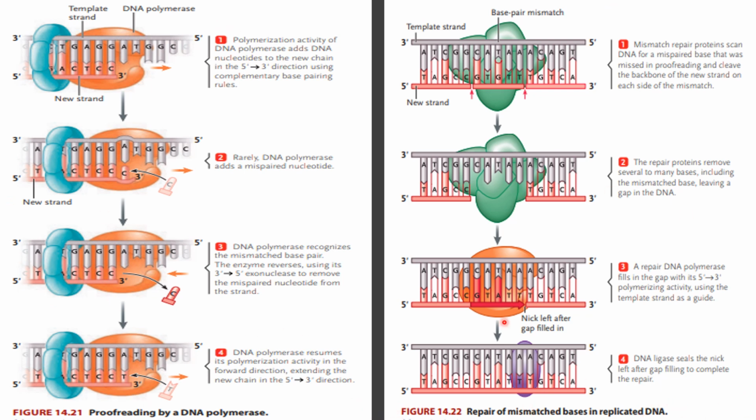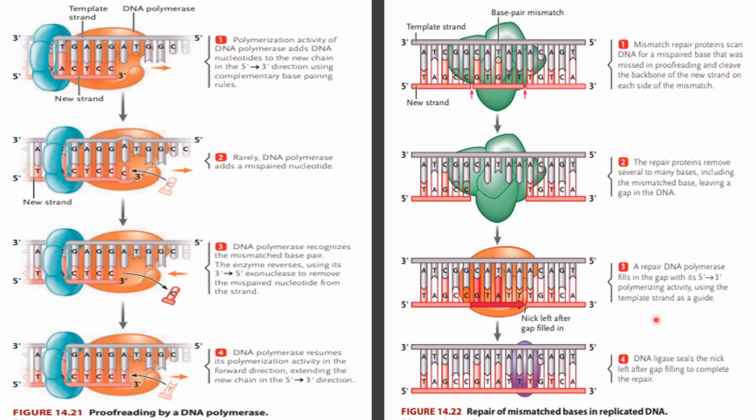Then we have repair of mismatched base in replicated DNA. Step number 1, mismatch repair protein scans DNA for a mispaired base that was missed in proofreading and cleaves the backbone of the new strand on each side of the mismatch. The repair protein removes several to many bases, including the mismatched base, leaving a gap in the DNA.